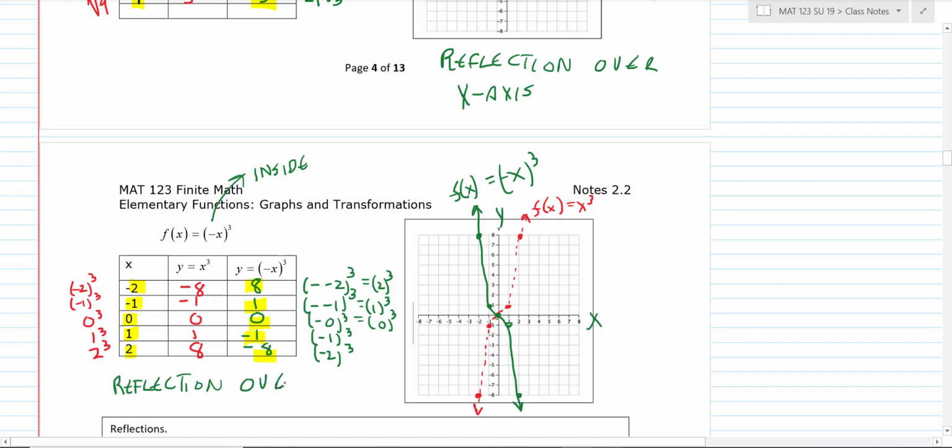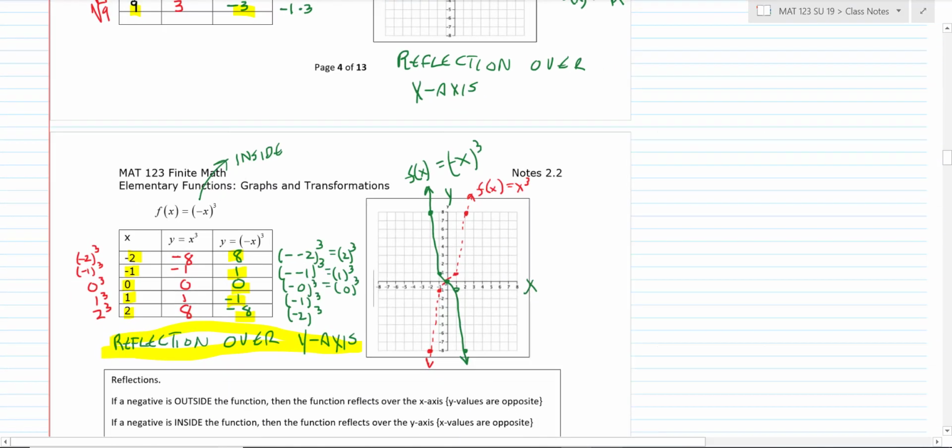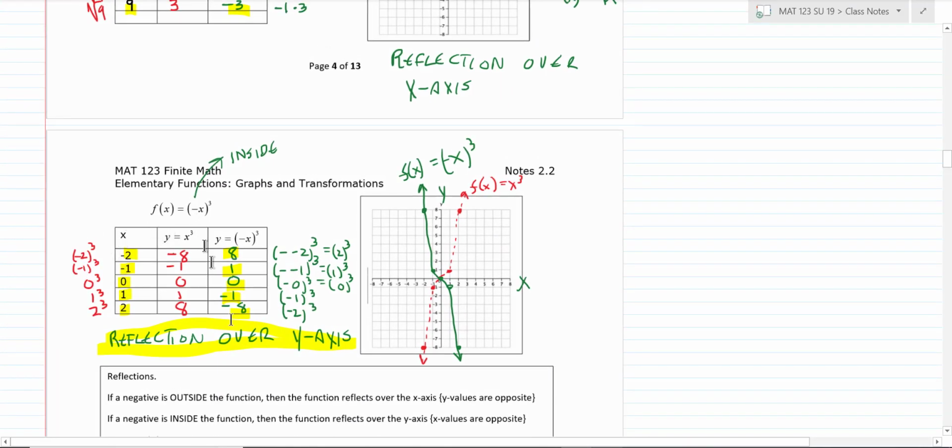Now again, you've got to have strategies to help you remember this stuff. You have to understand it. That's how I remember all of this, so I understand the number stuff going on. I understand what's happening. So what's happening is this is really changing x to an opposite.